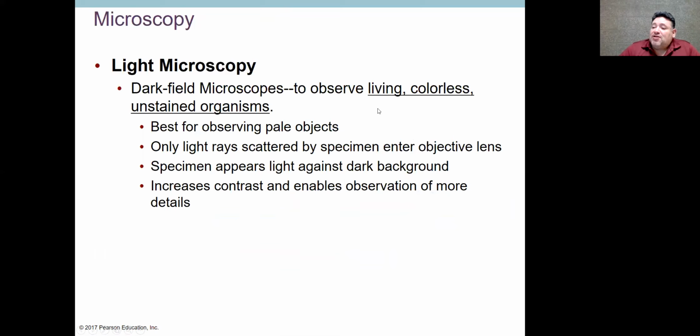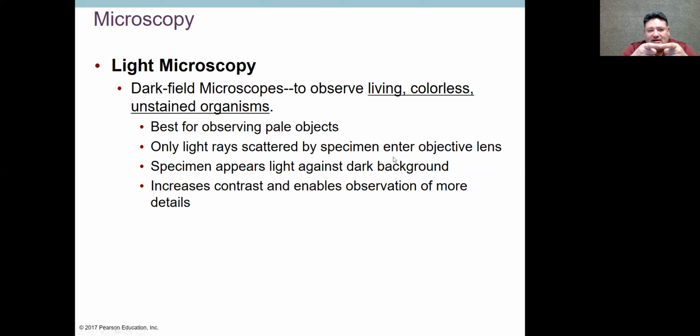Okay, here's the next type of microscope. It's called a dark field microscope, and in a dark field microscope we have what's called a dark stop. What the dark stop does is it prevents the main light coming from the specimen from entering the objective. So only the rays that are scattered by the specimen enter it.